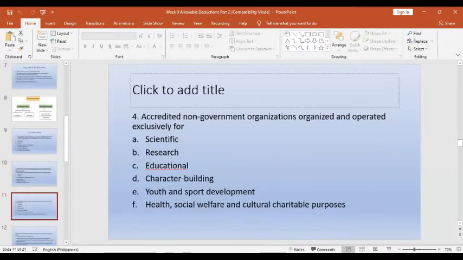Another, if the taxpayer donates to accredited non-government organizations organized and operated exclusively for scientific, research, educational, character building, youth and sports development, health, social welfare, and cultural charitable purposes.